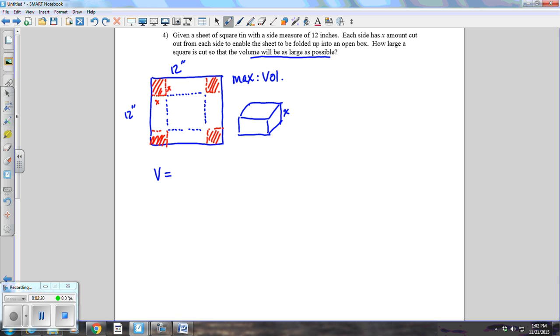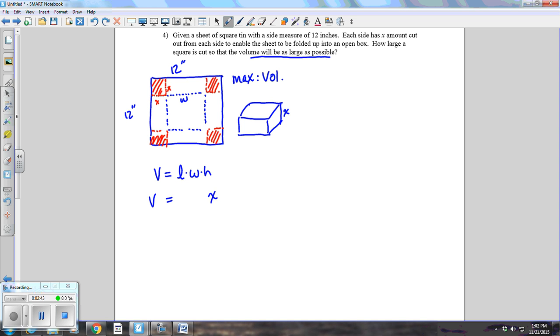So we have our regular volume equation, it's length times width times height. And we're just saying that the height of the box is x tall. The width of the box can be found by looking back at the original picture.